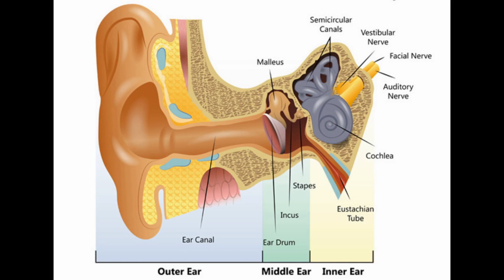The innermost part, the internal ear, is composed of the vestibular apparatus, which includes the semicircular canal and vestibule, then the cochlea, two nerves, the vestibular nerve and auditory nerve, then two fluids, endolymph and perilymph.